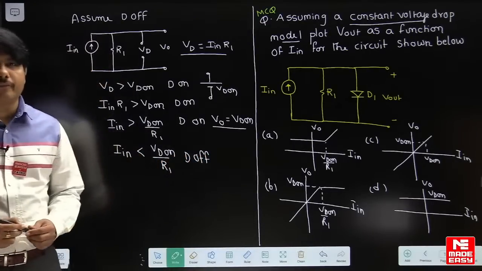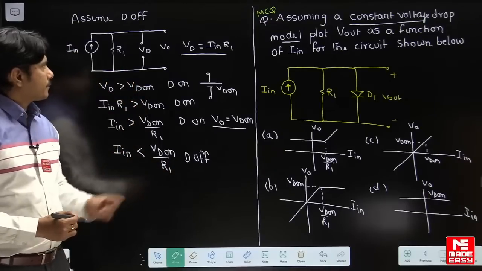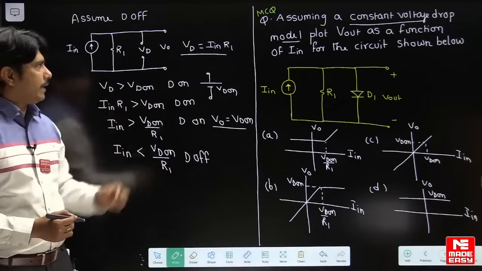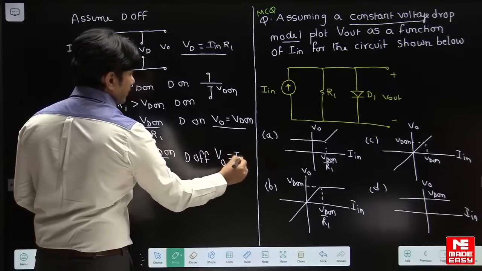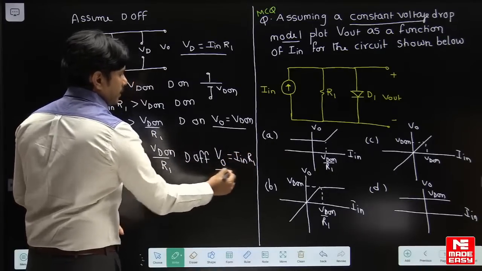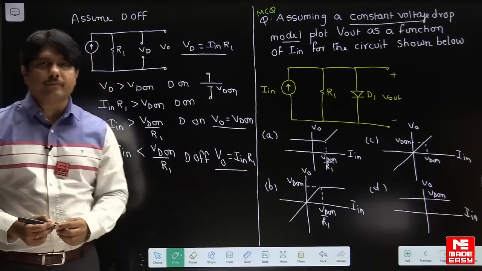When the diode is off, the circuit looks like this. It is an open circuit. So VD or V0, both are the same here, which will be equal to IIN into R1. It is behaving like Ohm's law.